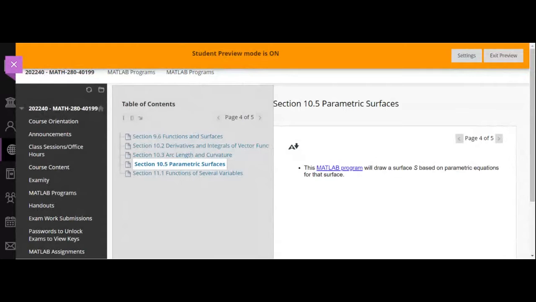This MATLAB program will draw the surface that you just saw in Figure 5, from section 10.5. So go ahead and click on the link and open up the program. And when you open up the program, copy and paste that MATLAB program in the editor for MATLAB.